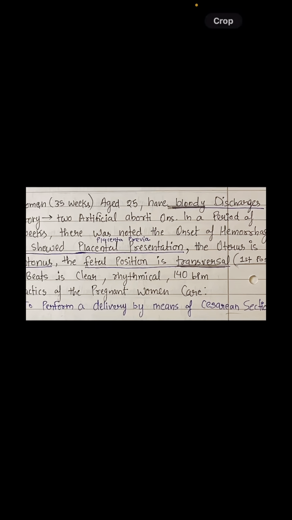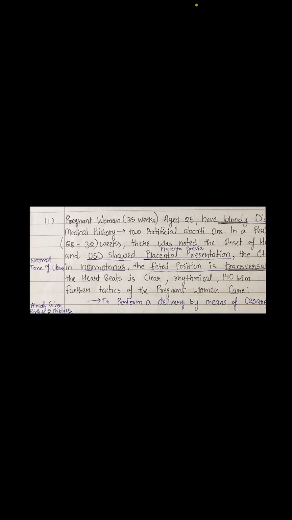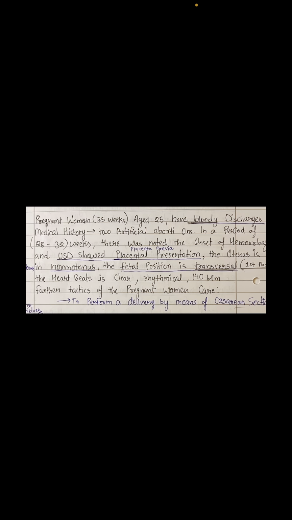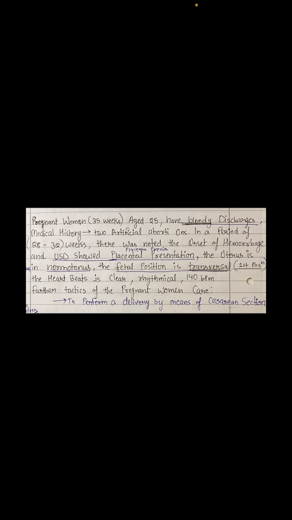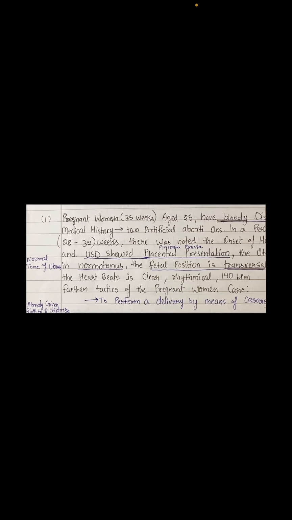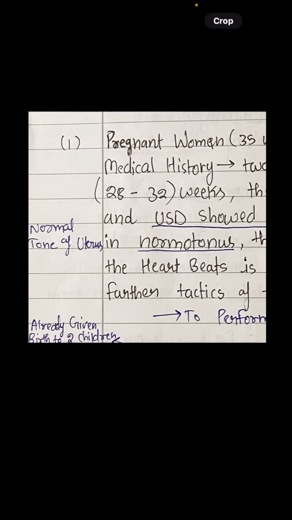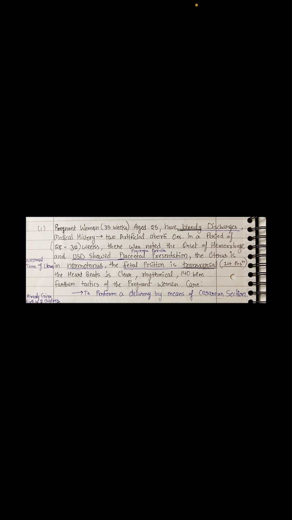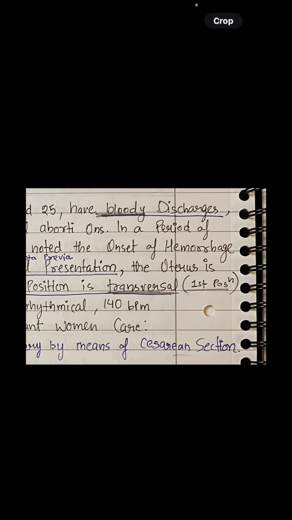However, the uterus is normotonous. The fetal position is transverse, the first position they say. Normotonous means the normal tone of the uterus. Placenta previa presentation means placenta previa. Previa means the placenta is abnormally covering the cervix. So this is why she is having bloody discharges.